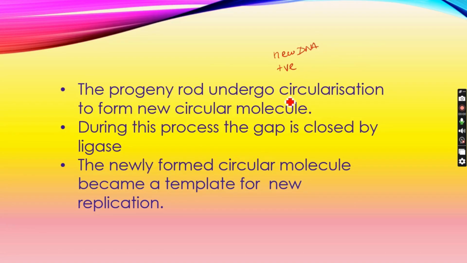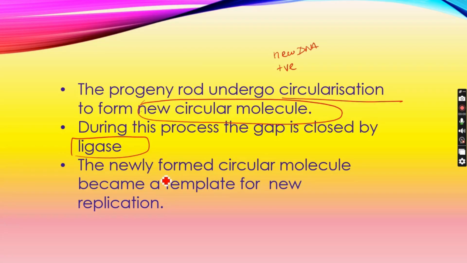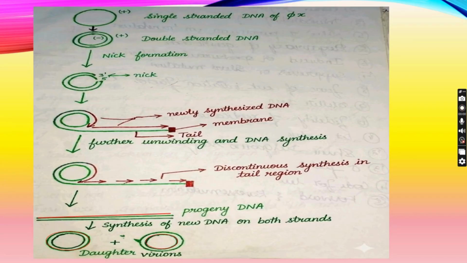The progeny rod undergoes circularization, which leads to a new circular molecule. The gap is closed by ligase enzyme. That is how the rolling circle model of replication leads to a newly formed circular molecule. This is the structure to be explained.